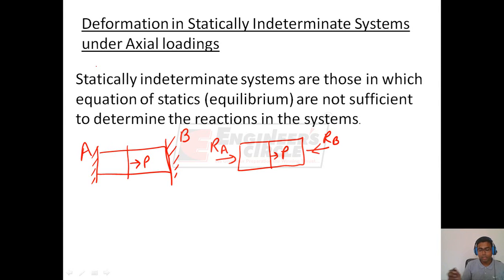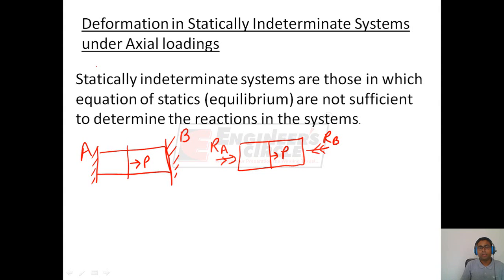It is to be noted that the directions of the reactions can be assumed anywhere. It can be either towards the right or towards the left. Similarly, for RB also, it can be towards the left or towards the right. The correct direction will be given after we have written the equilibrium equations.